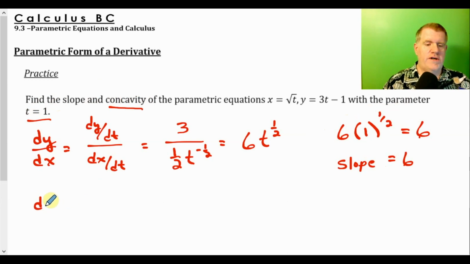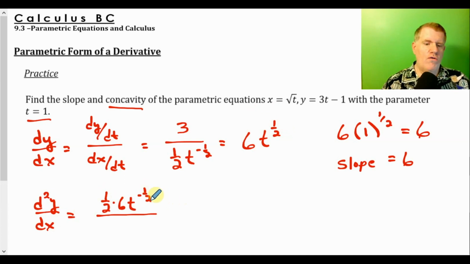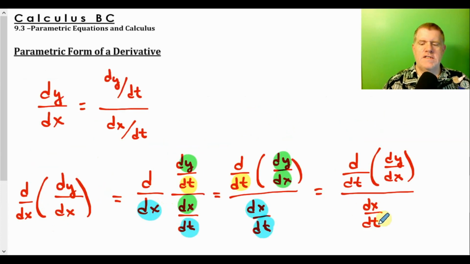To find it, we take the derivative of this. What's the derivative of 6t to the 1/2 power? Well, it's 1/2 times 6t to the negative 1/2, over dx dt.